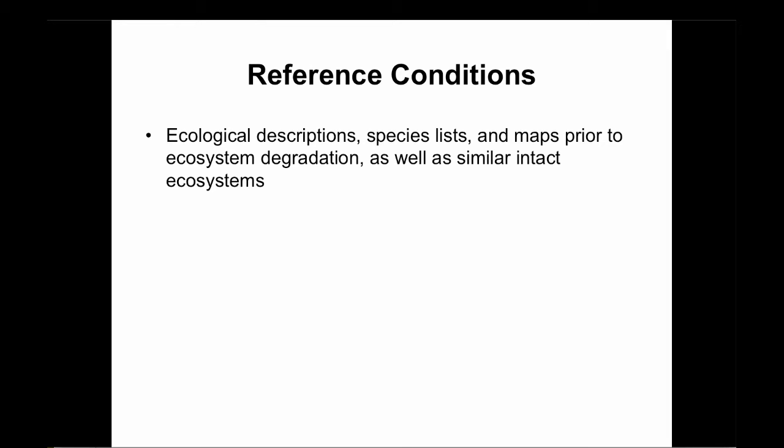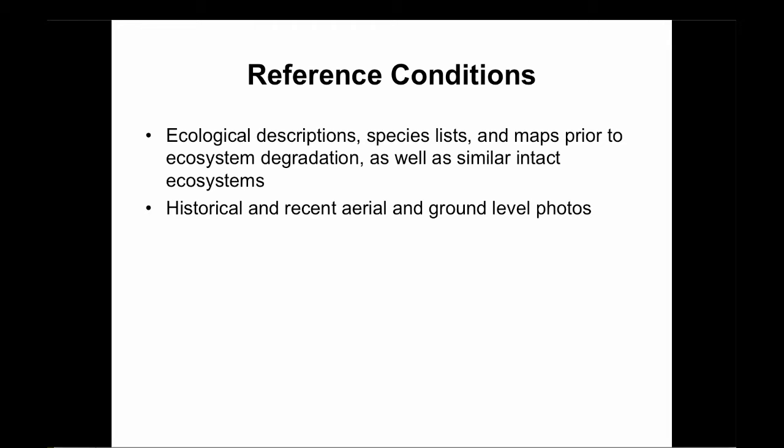Another common and really nice data set that you can use to help develop reference condition are going to be historical photographs. Many places have historical photos that date back to the early 20th century, and there may be time series of photographs that give you an idea of what the stand structure has been and how it has developed over time. And we can infer structural and functional attributes from these historical photos.